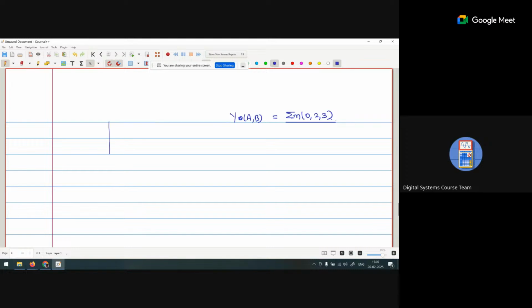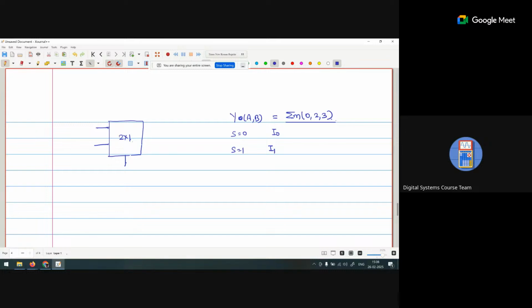We have one 2 cross 1 mux. One is the select line, two is the input line. So when S is 0, I naught is selected, and when S is 1, I1 is selected.